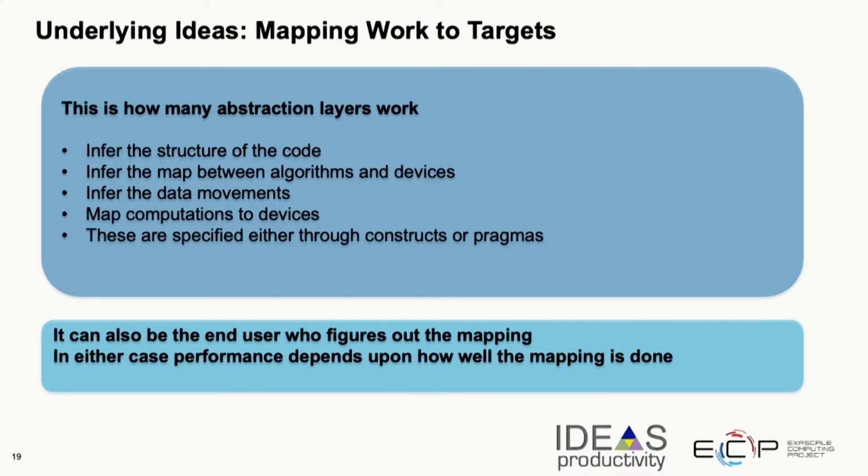These can be specified, as I said before, through constructs or pragmas, but the bottom point is that it may not be an abstraction layer that is doing it, it may be a user that is manually doing this inferencing and mapping. But the point is that the performance of the code will depend entirely upon how well this mapping is done.